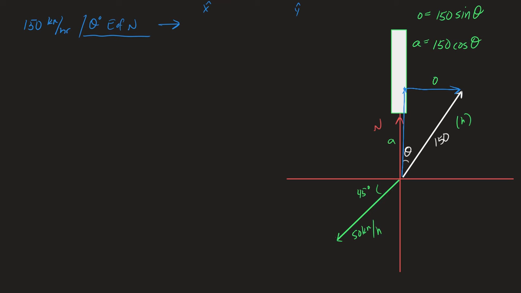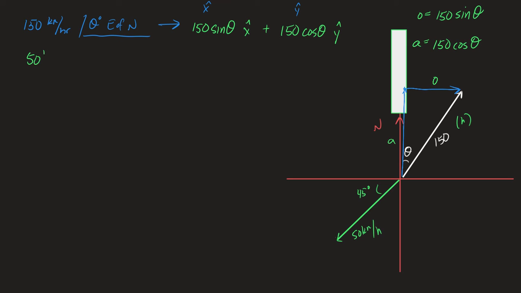You can understand why I'm kind of done doing that. So you need to catch up to me. The opposite appears to be in the x direction, so I'll say 150 sine theta in the x direction plus 150 cosine theta in the y direction. I know I don't know what theta is. It's okay. I'm going to keep trusting the process.